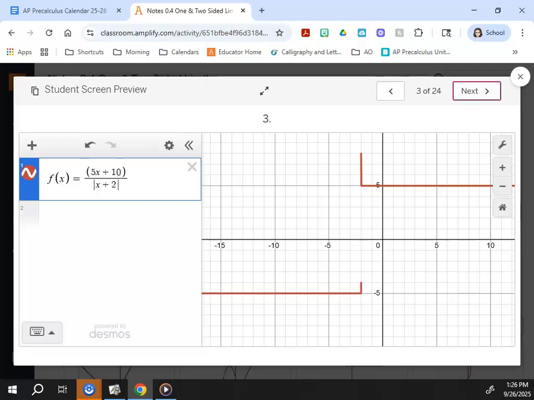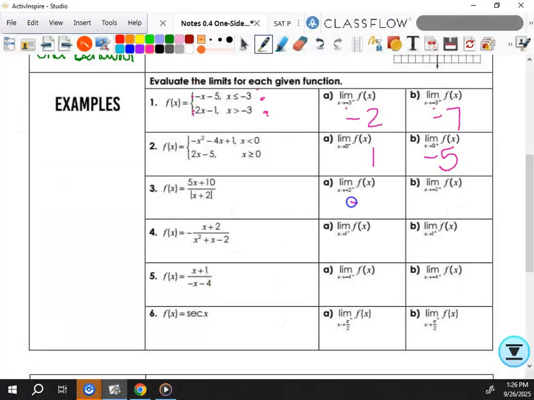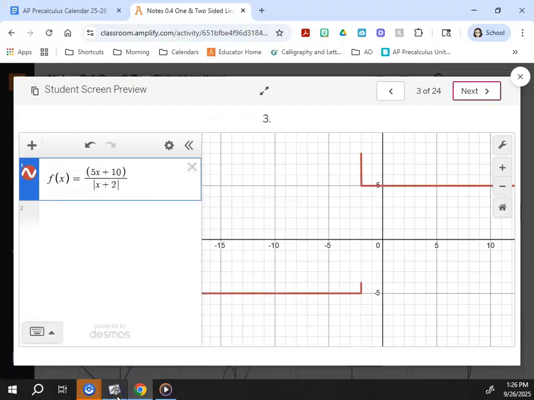Where x is approaching -2, what is y? We're looking for the y value. So as x approaches -2, the y value is -5, right? As we approach from the right, it is 5. Okay, good. So we've got -5 and 5. All right, everybody good with that? All right, so then we have 1 for the next one.